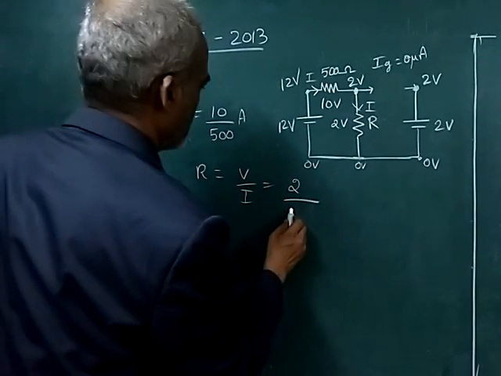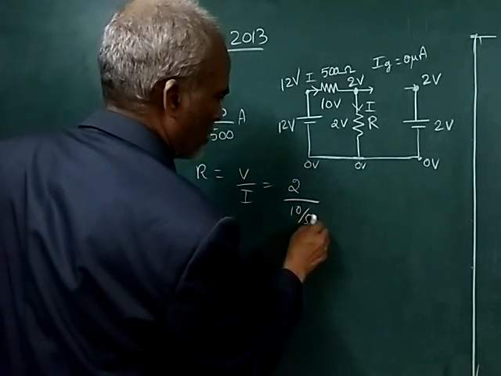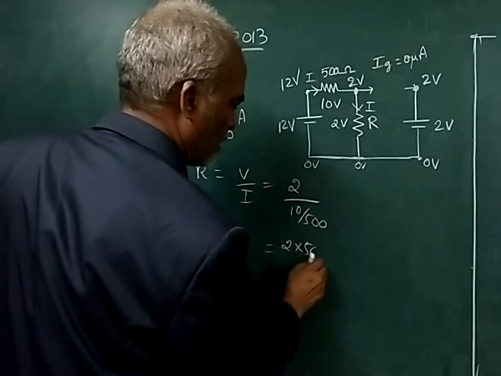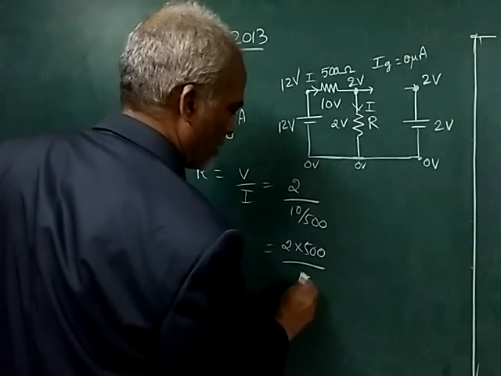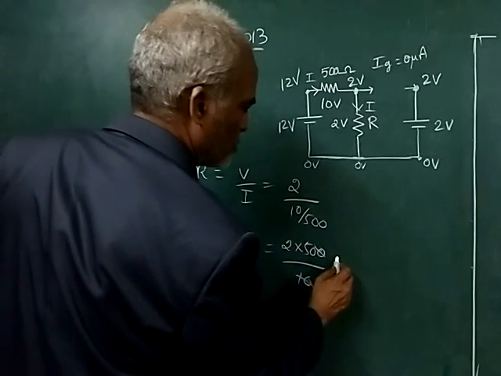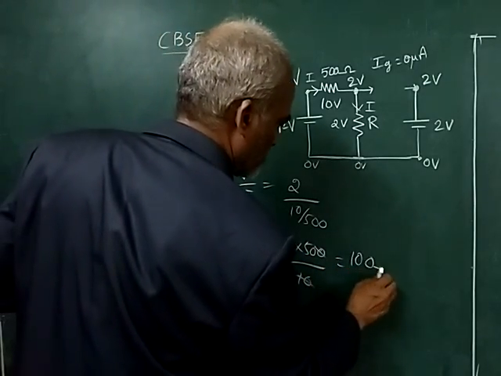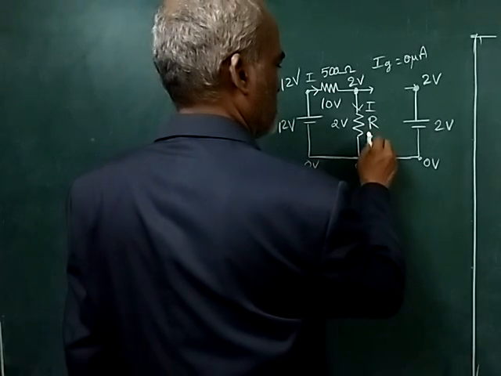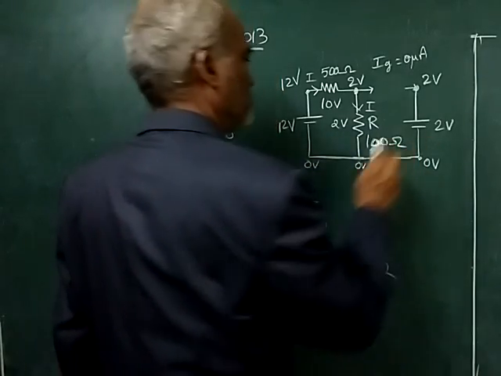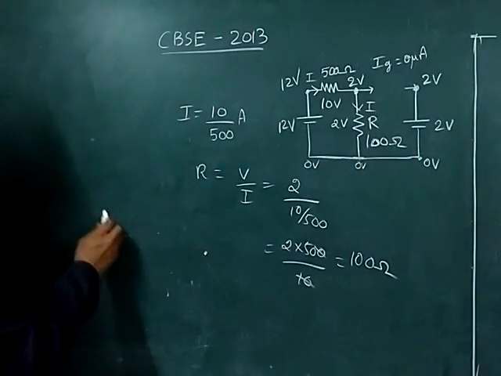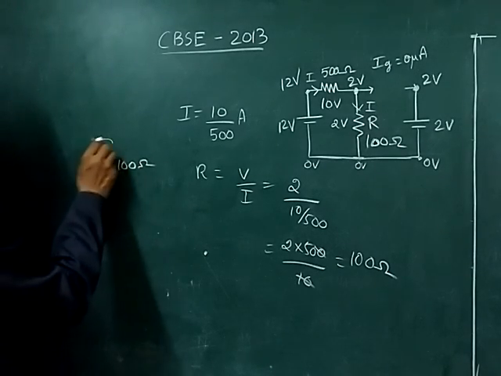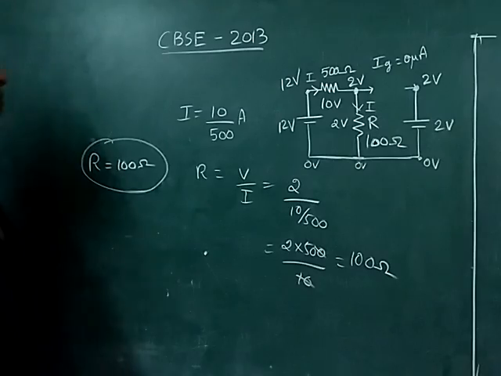I is 10 by 500, so R is equal to 2 into 500 divided by 10, which is 50 into 2, 100 ohms. So the value of R is 100 ohms. So the answer is R is equal to 100 ohms.